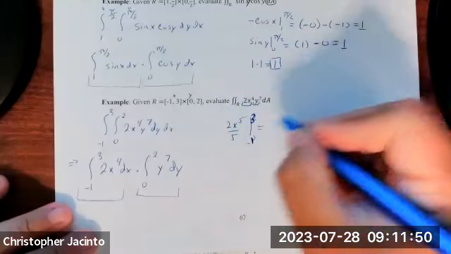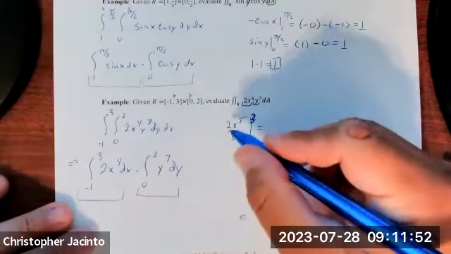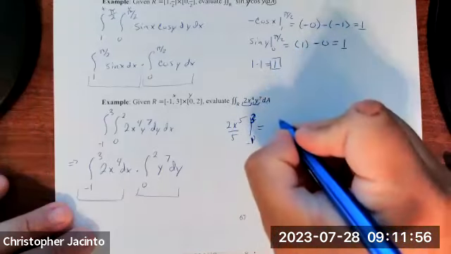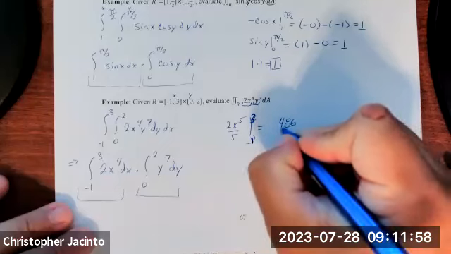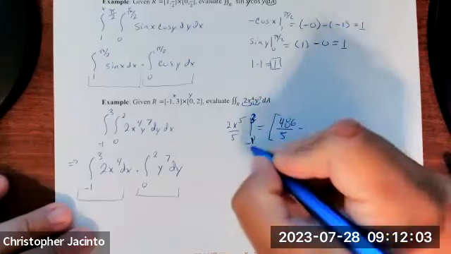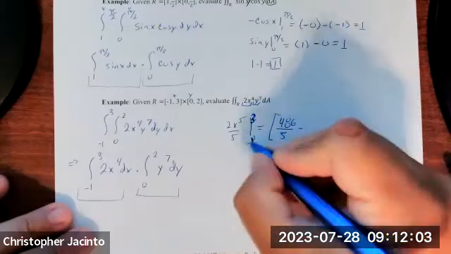Okay, so 3 to the 5th times 2 over 5. I got 486 over 5 minus, and I plug in -1, so that's going to be -2/5. And then negative makes it positive.